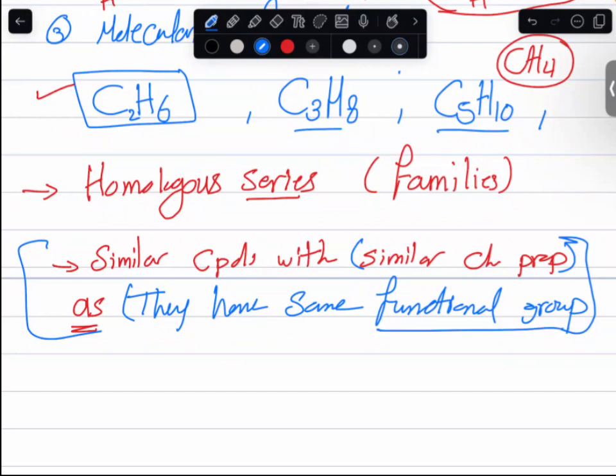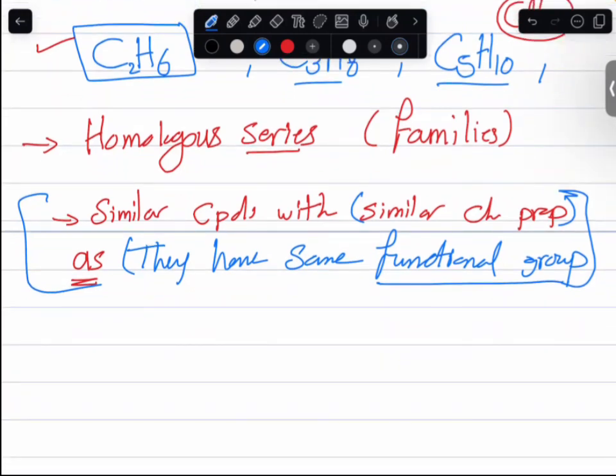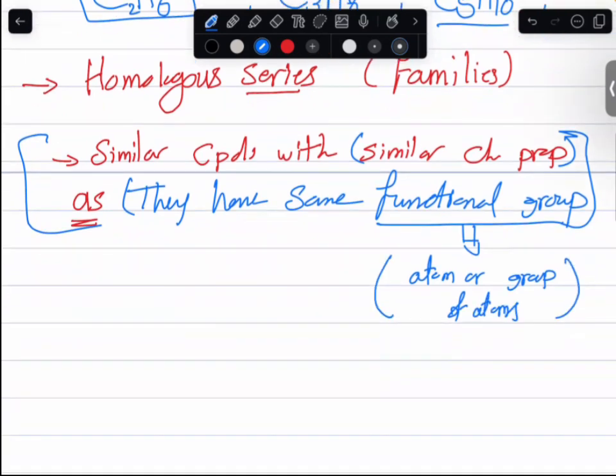What does functional group mean? A functional group is an atom or group of atoms that gives the compound a specific property. What does it mean?